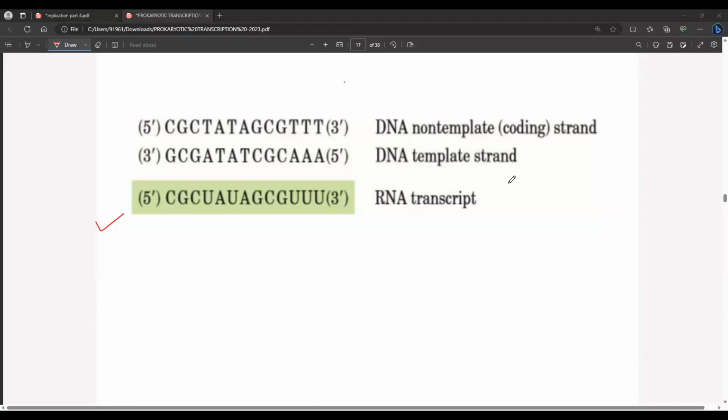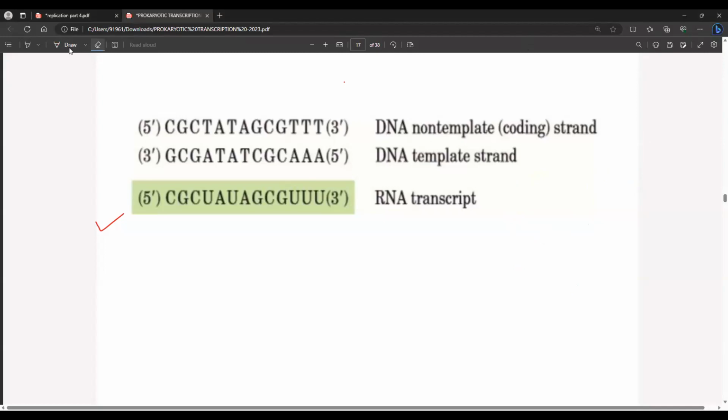Of course, friends, tRNA is also synthesized in the 5' to 3' only. You forgot it. Where is the amino acid added? Remember everyone, the amino acid is added at the 3' end of the tRNA. Is it or not? So the tRNA is also synthesized in the 5' to 3' only. That we'll discuss in the process of translation, don't worry.